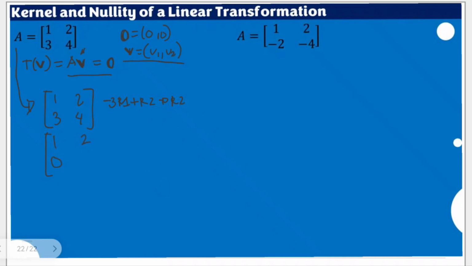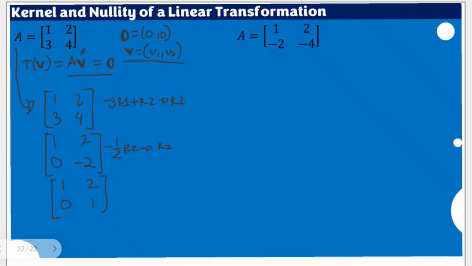Because you will have -3 times 1 plus 3. Then the next, 2 times -3 is -6 plus 4. I have here -2. With this, we can now multiply -1/2 to row 2 to have a new row 2. This is now your new matrix: 1, 2, 0, and 1.